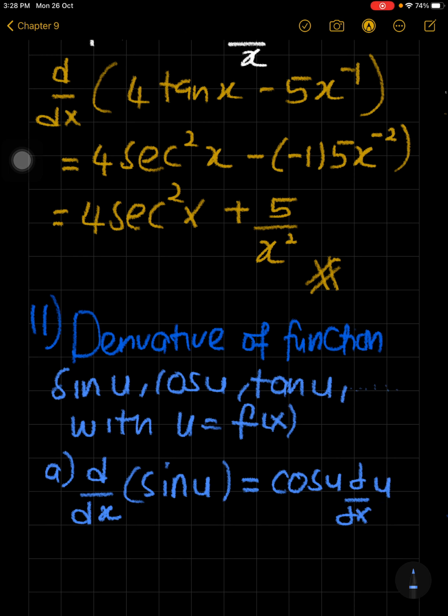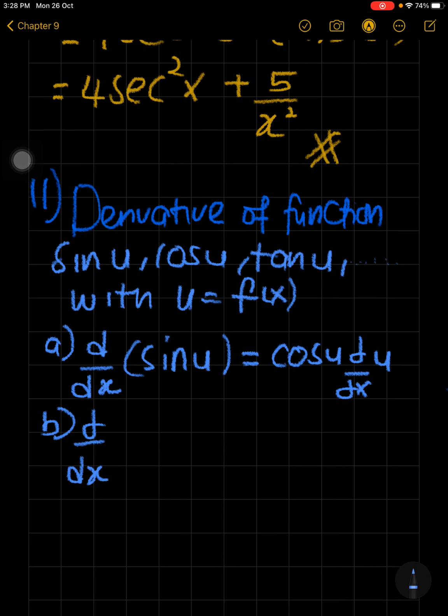Okay, yang seterusnya d/dx cos u. Okay, you get cos x, you get negative sin x. So kat sini akan dapat negative sin u. Okay, so you have to differentiate u tu terhadap x, d/dx u.